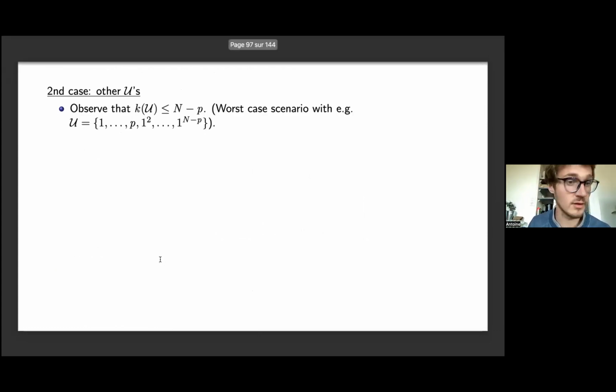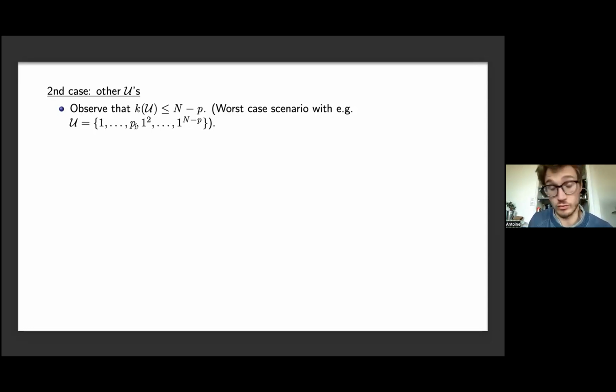So the second case is the other full sets. And so in this case, observe that K_U is by definition the maximal length of a word in the set U. And observe here that the maximal length of a word in the other full set U must be less than or equal to n minus p. So why is that so? Well, since we suppose that it contains all the letters, we must have 1, 2, up to p.